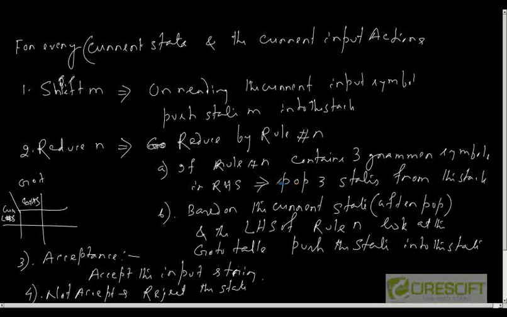Suppose you have fewer states in the stack than X, then you have to give a syntax error. Now based on the current state after the popping action and the LHS of rule N, we look at the goto table and find out the state which needs to be pushed back into the stack.